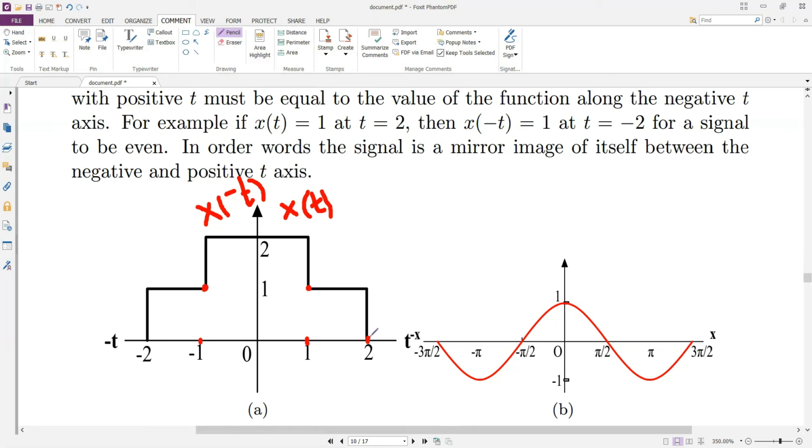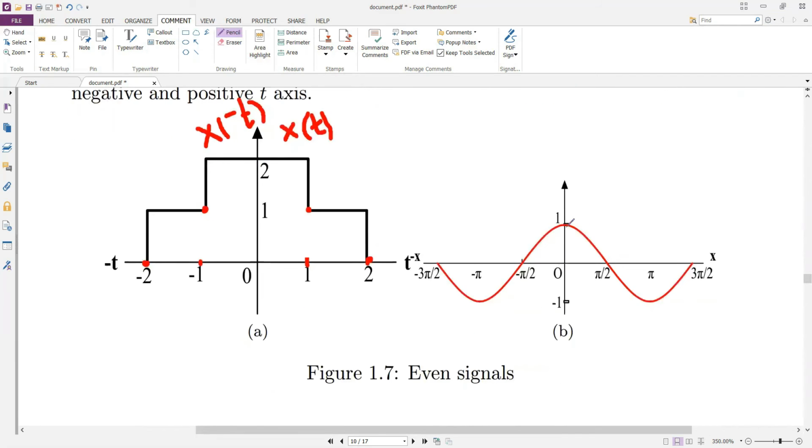At t is equal to 2, the value of the signal decreases to 0. Similarly, at t is equal to minus 2, the value of the signal decreases to 0. So the signal is a mirror image of itself, and the values of the signal along the positive time axis are the same as the values along the negative time axis.